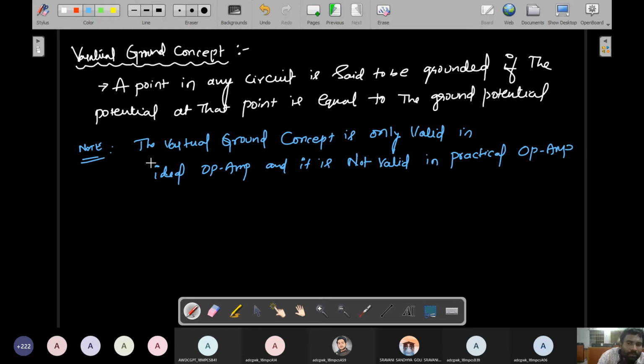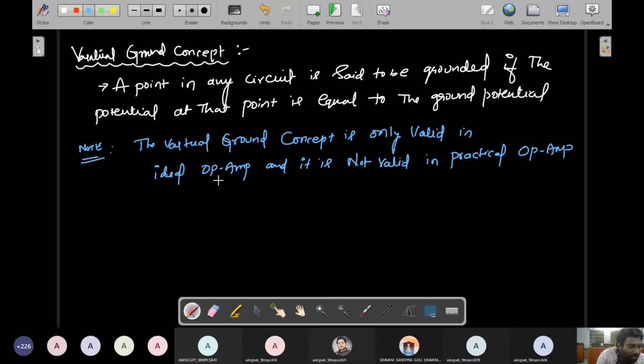The virtual ground concept is only valid in an ideal op-amp because the gain of the ideal operational amplifier is infinite. But in a practical operational amplifier, the gain is not infinite; it has some finite value. Therefore the virtual ground concept is not valid in a practical operational amplifier.